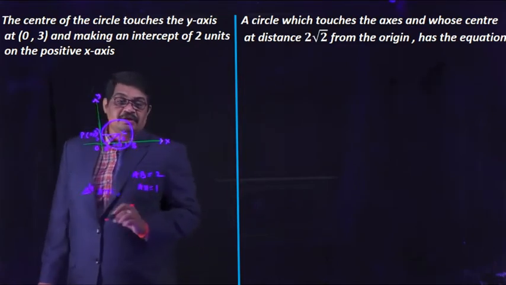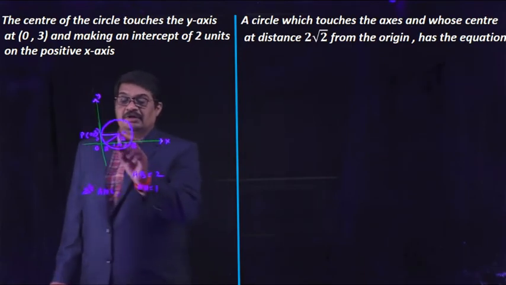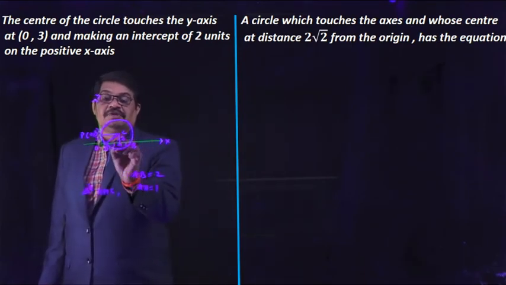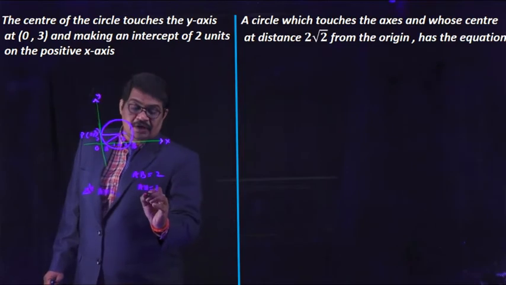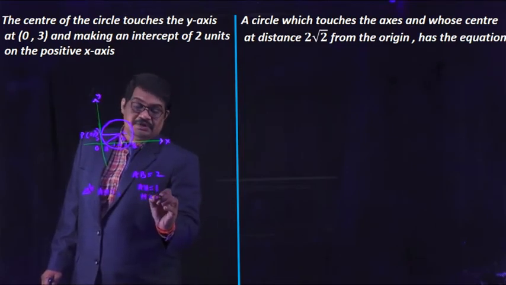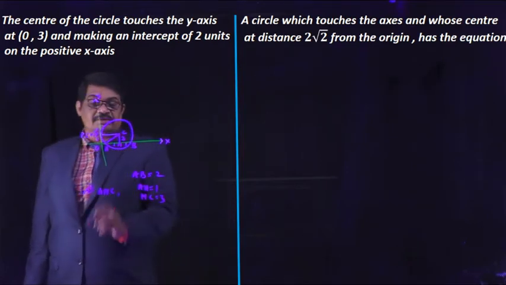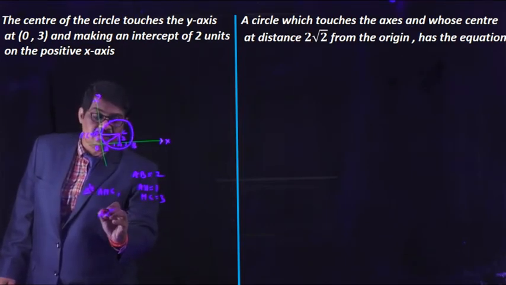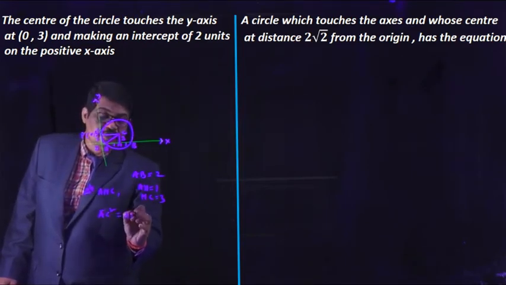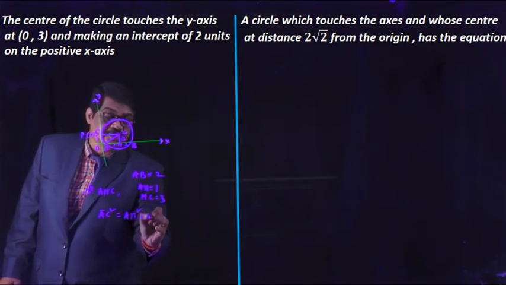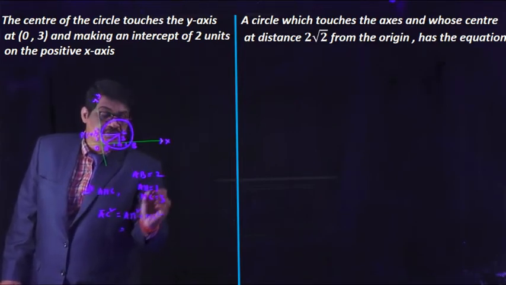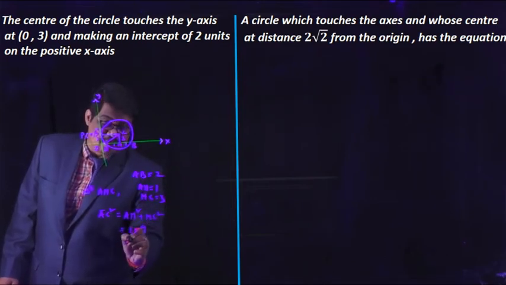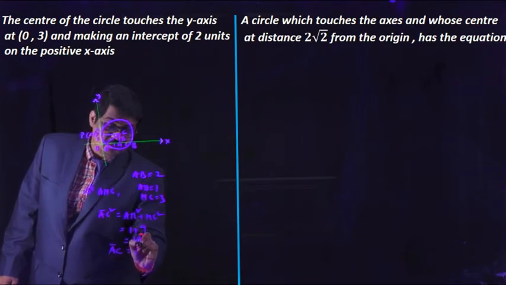M is the midpoint of AB, and the AB length is 2 units. Then AM is 1 unit and MC is 3 units. From this triangle we write AC² = AM² + MC². AM is 1, square is 1, and MC is 3, 3 square is 9, that is 10. Here the AC length is root 10.